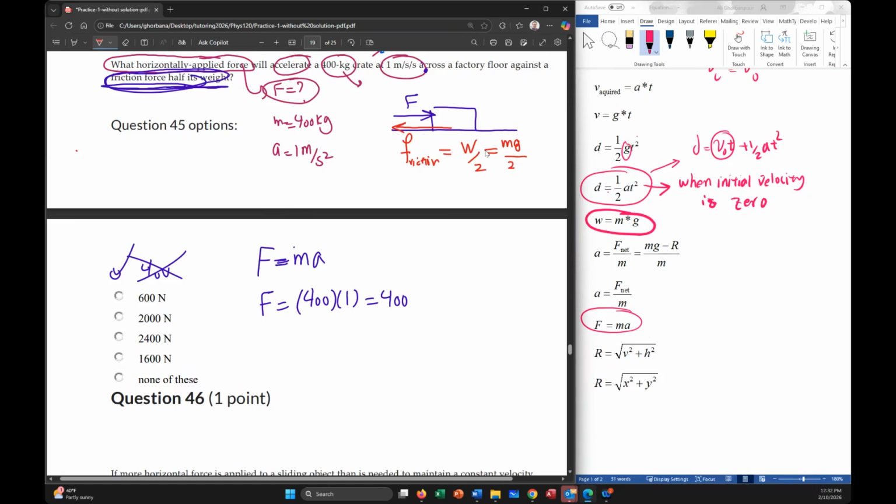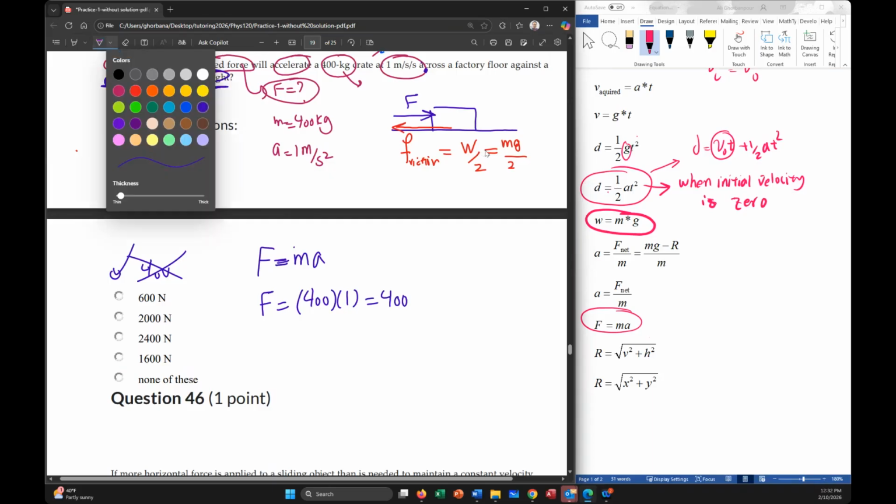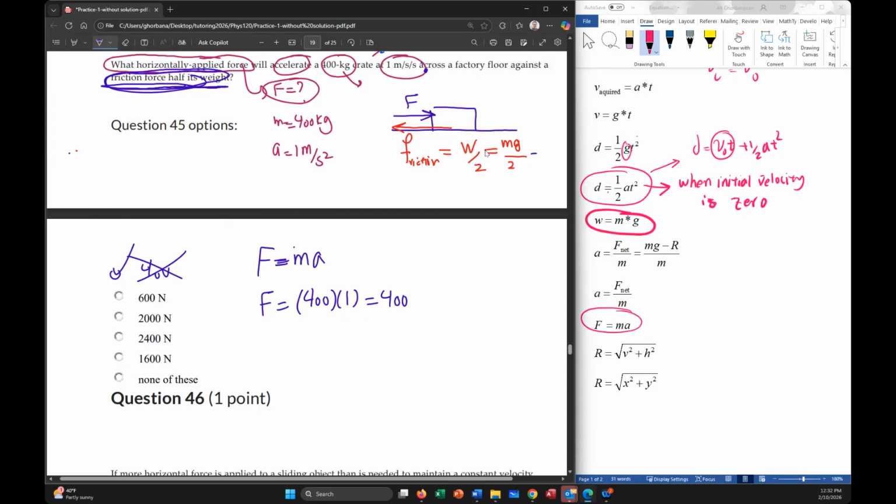So how can I calculate the weight? Weight is mass, yes. What is the mass? 400. What is the g? 10.